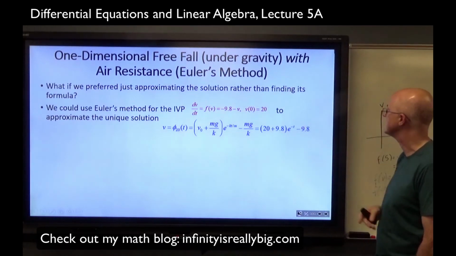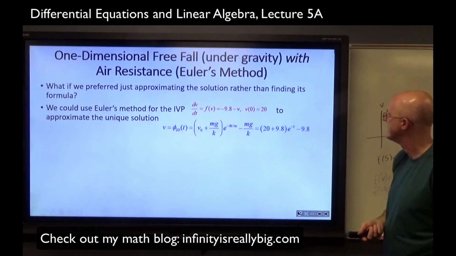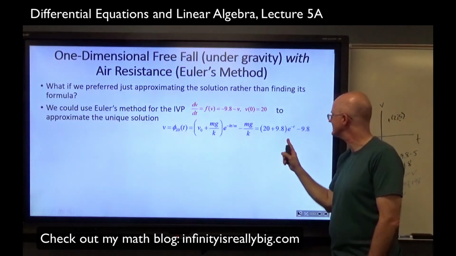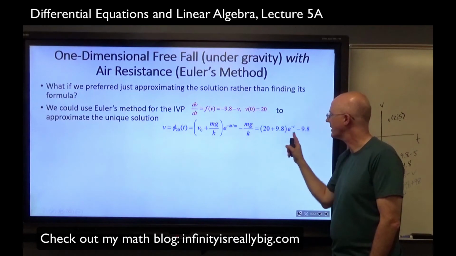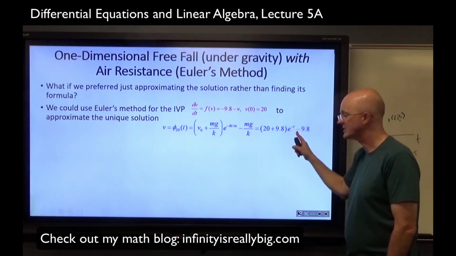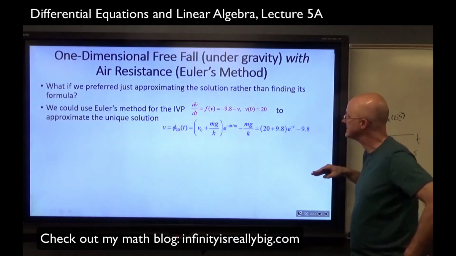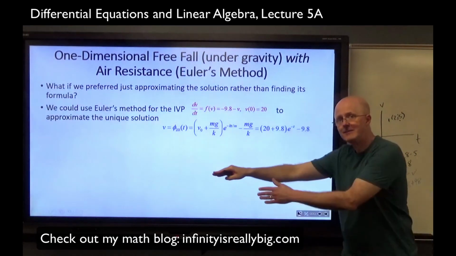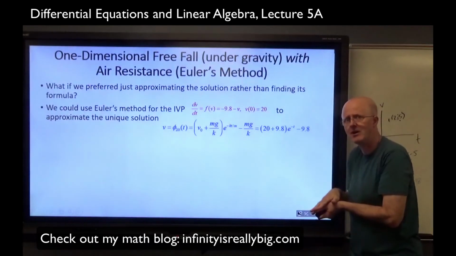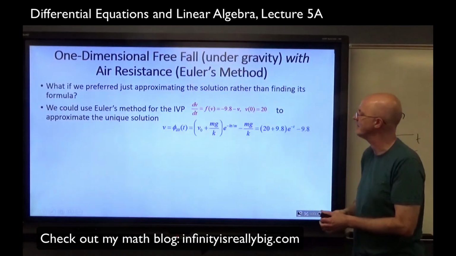You should double check that it simplifies to this. Which makes sense as t goes to infinity here. This part goes to 0. This function does approach negative 9.8, that horizontal asymptote, as t gets larger and larger. That equilibrium solution is stable. All the solutions approach it. It's attracting them.